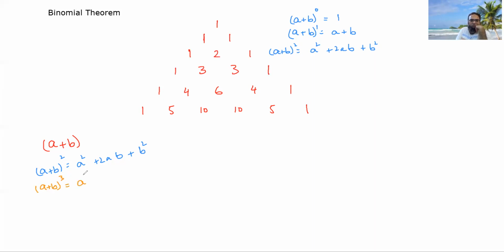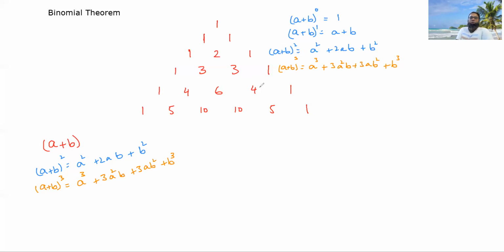Now this is a cube plus 3a square b plus 3ab squared, and then plus b cube. So I'm writing it here, this a plus b whole cube. That is a cube plus 3a square b plus 3ab squared plus b cube.